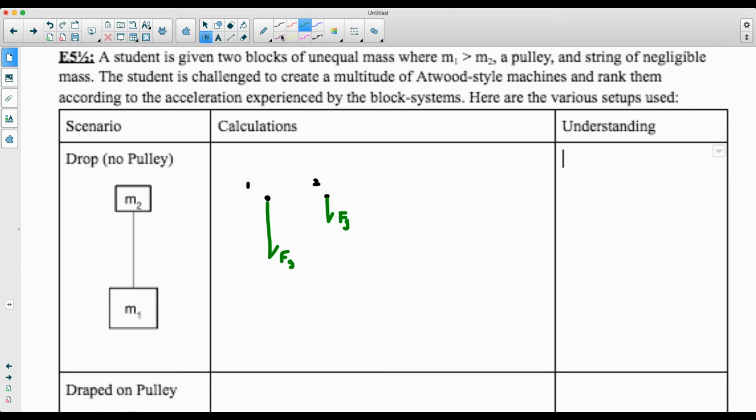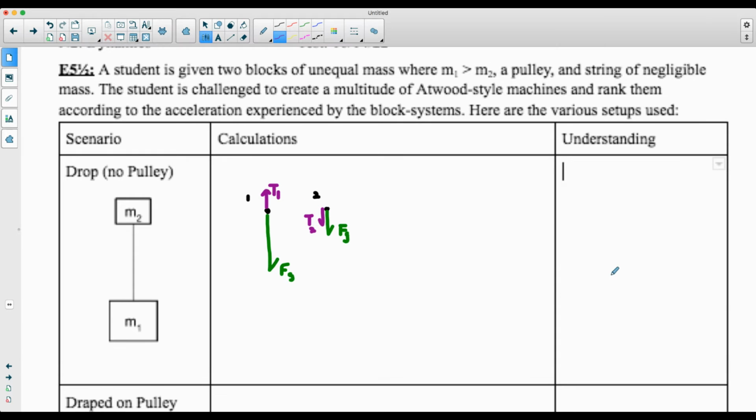Then number 1 has a tension up, and number 2 should have a tension down. So we're going to do this real formal.